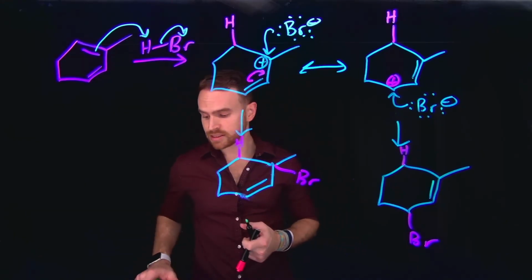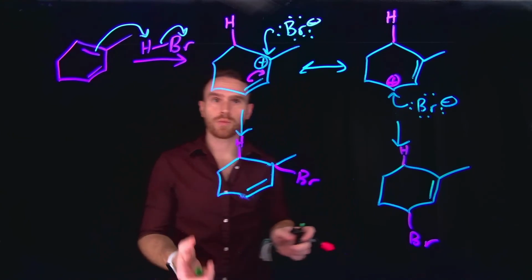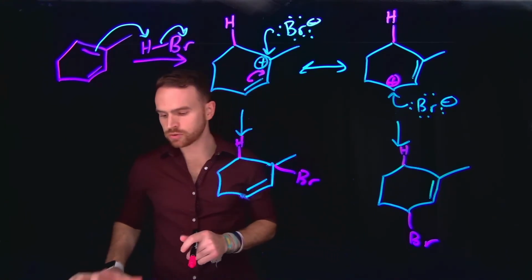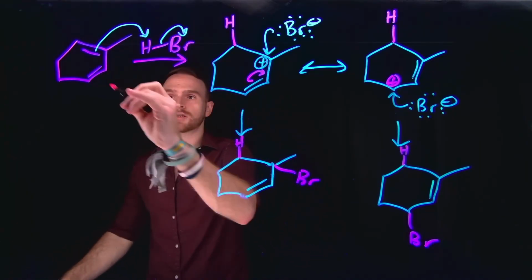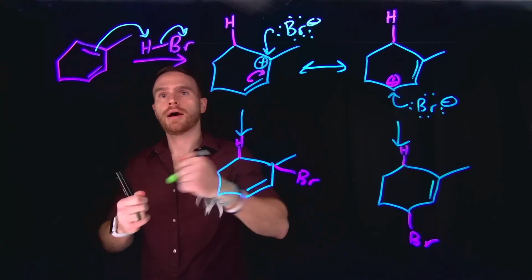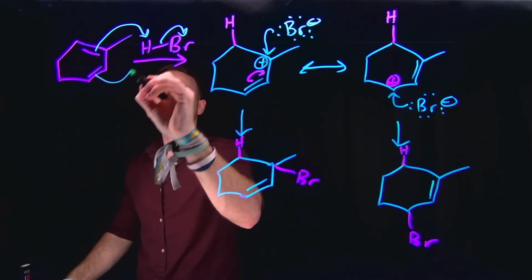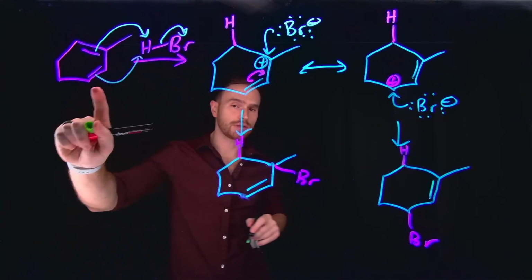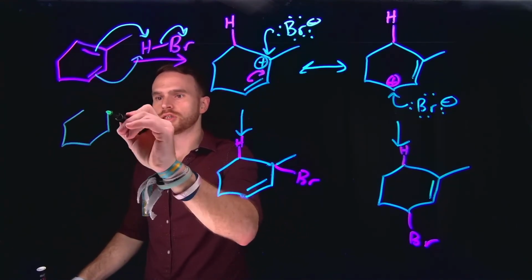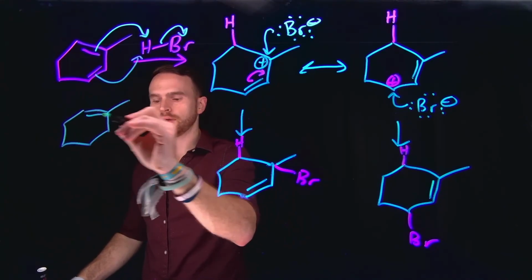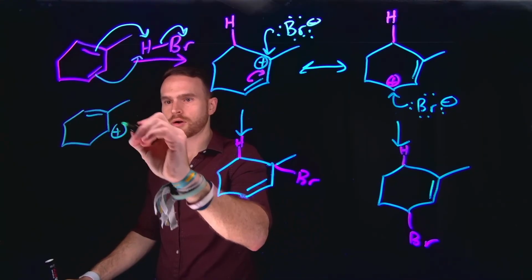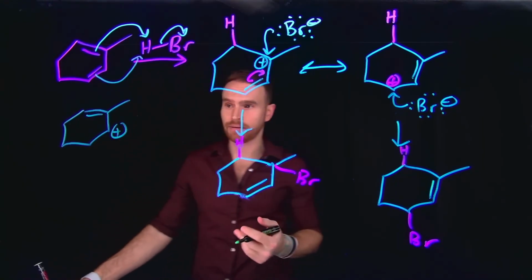However, there is still one more option that we could have generated via this reaction. And I want you to think about this as to what would happen if these were the pi electrons that came and acted as a nucleophile for the proton. So if instead it was these pi electrons, what we would generate is going to be a product where we have again generated our carbocation in an allylic position.